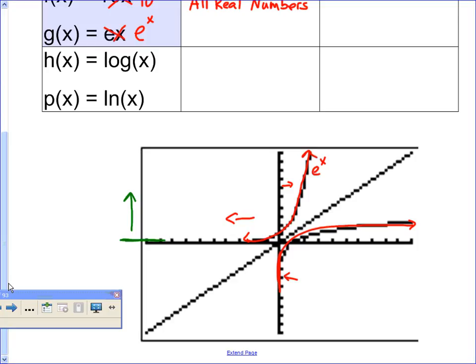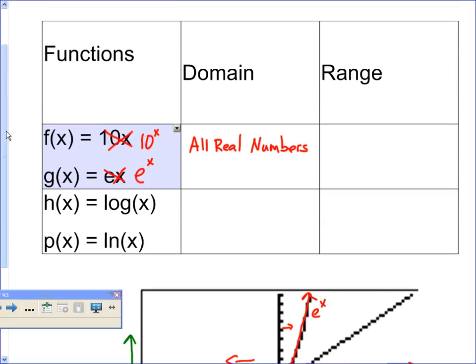So it's going to be all positive real numbers for that. Okay, so key is positive here.